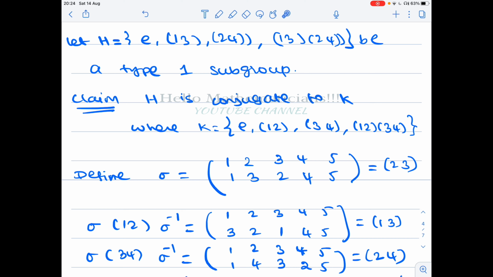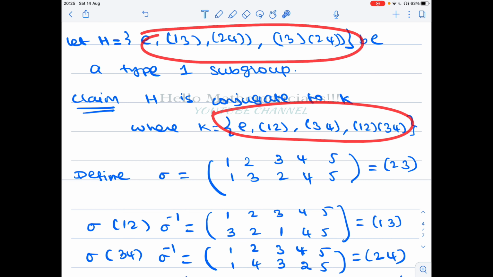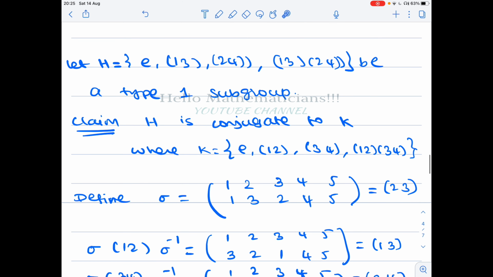Therefore, we got an element sigma which conjugates this subgroup to this subgroup. Okay. So similarly, you take any type 1 subgroup by using this idea. This (1 2) goes to this cycle, (3 4) goes to this cycle. You can form the sigma, and this sigma will conjugate this subgroup K to H. Therefore, every type 1 subgroup is conjugate to this particular subgroup K.